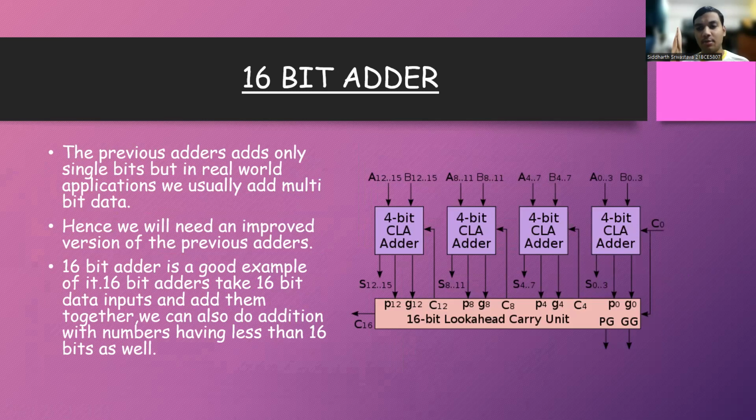The 16-bit adder is that improved version. 16-bit adders take 16-bit data inputs together and add them together. We can also do addition with numbers having less than 16 bits as well. Here is the schematic diagram of the 16-bit adder. So now let's move further.